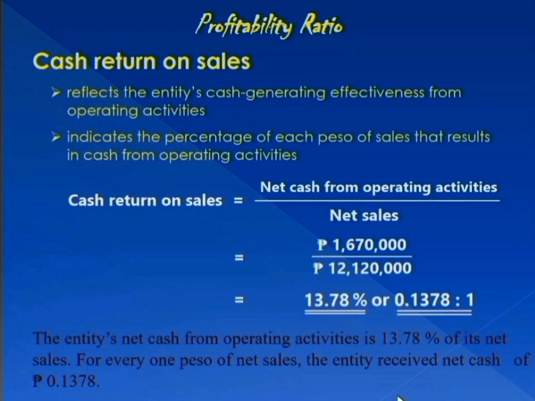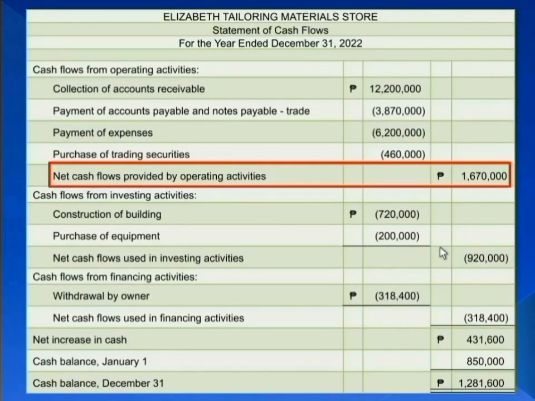One more thing I'd like to point out is that this 1,670,000 is a positive amount because this is net cash provided by operating activities, not net cash used in operating activities. Meaning, the total cash inflows exceed the total cash outflows.